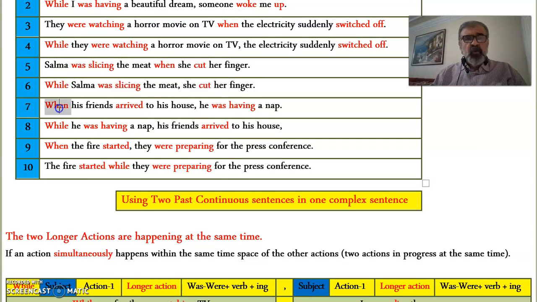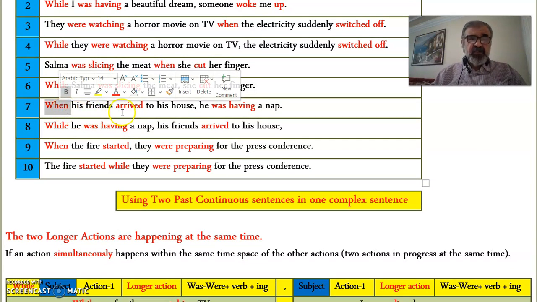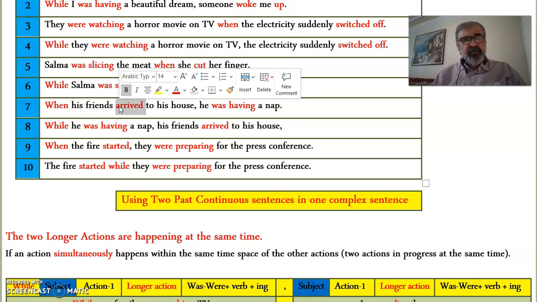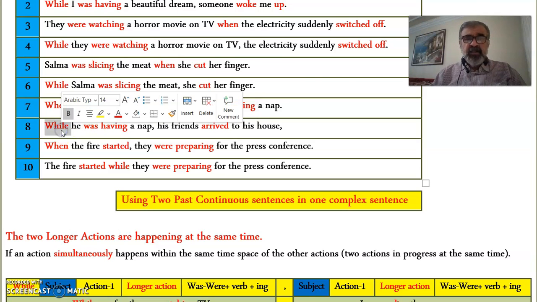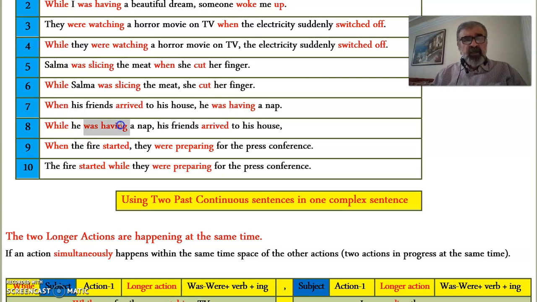7 and 8. When, in initial position, followed by action 2, verb 2, shorter action, then the longer action, action 1, past continuous. While in initial position, followed by past continuous, longer action, action 1, then action 2, shorter action, or past simple. Now, 9 and 10.